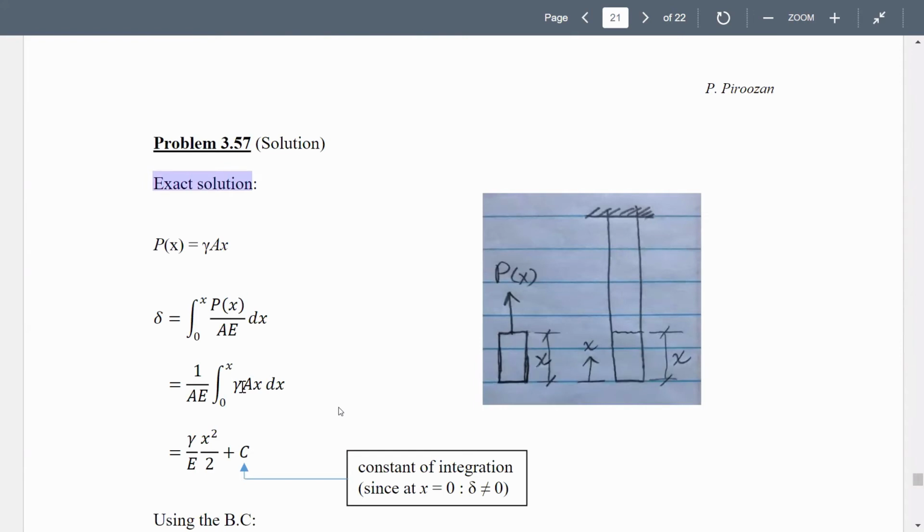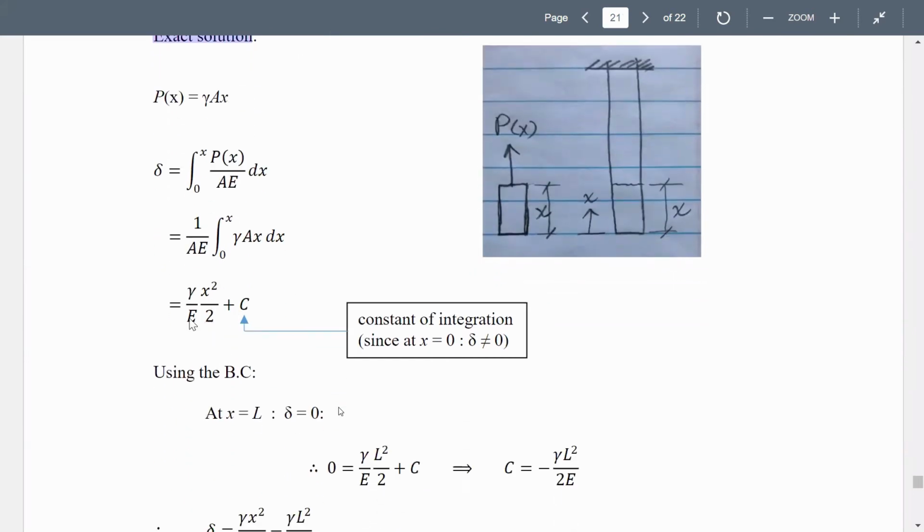Gamma A is the force per unit length times X. So this would be the total force applied at this section. This is P as a function of X here. So the total force applied at this one is gamma AX dx integrated from 0 to X. It would be this one.